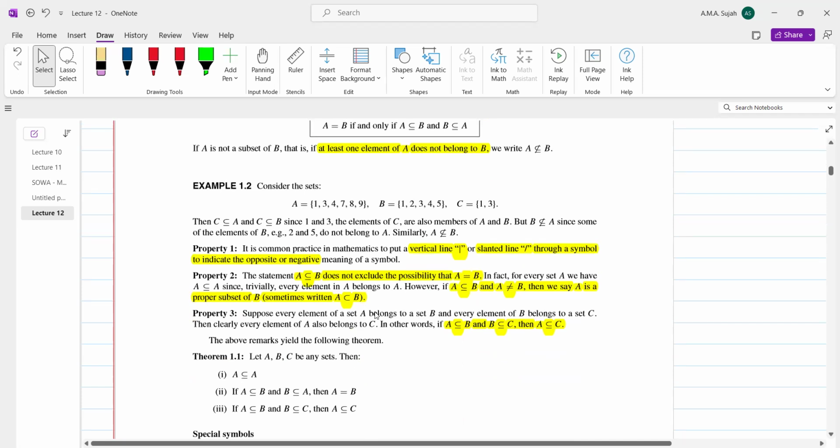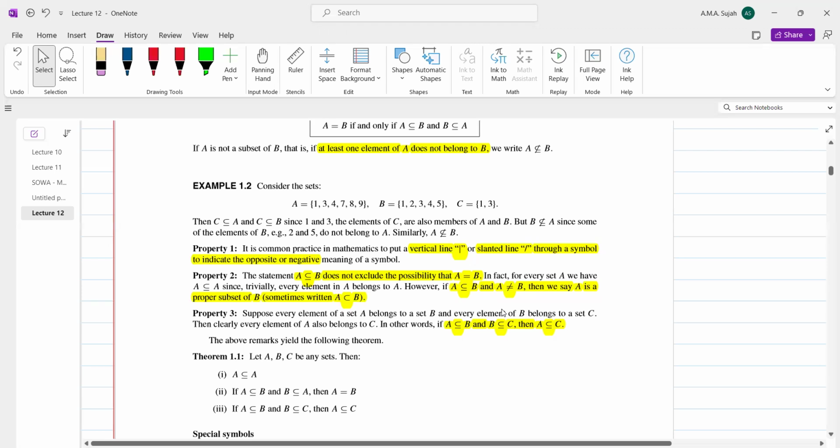You notice here what it says. The statement A subset of B does not include the possibility that A is equal to B. In fact, if they ask to prove a proper subset, you need to prove A is a subset of B and A is not equal to B, then we can say A is a proper subset of B. If you don't remember those concepts, revise the theory.